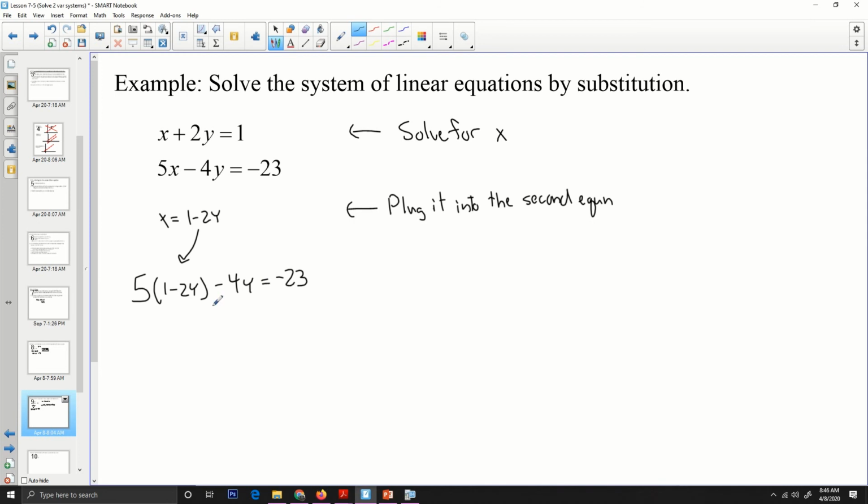Now, I have an equation that has only one variable in it, so I'm going to solve for y. All right, so if I want to solve for y, the first thing I'm going to do here is distribute. And so I'll have 5 minus 10y minus 4y equals negative 23. Let's simplify.